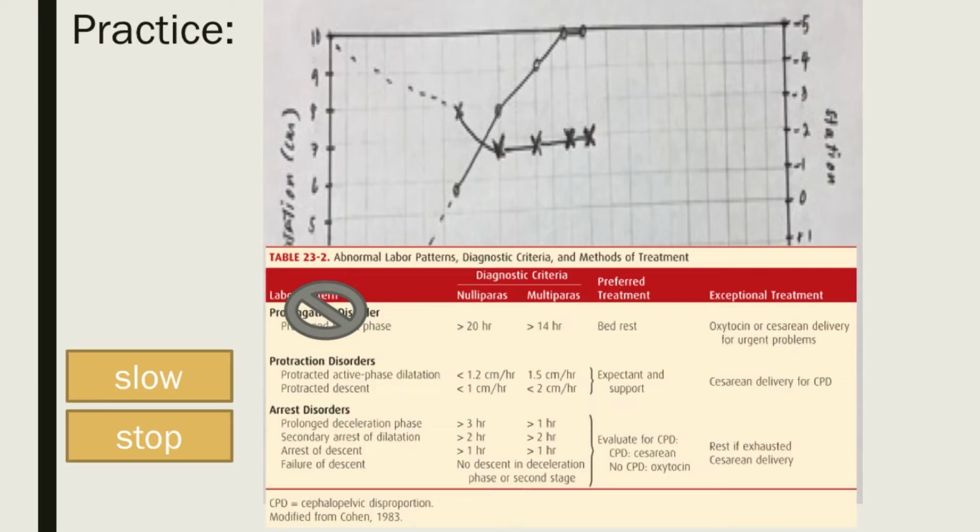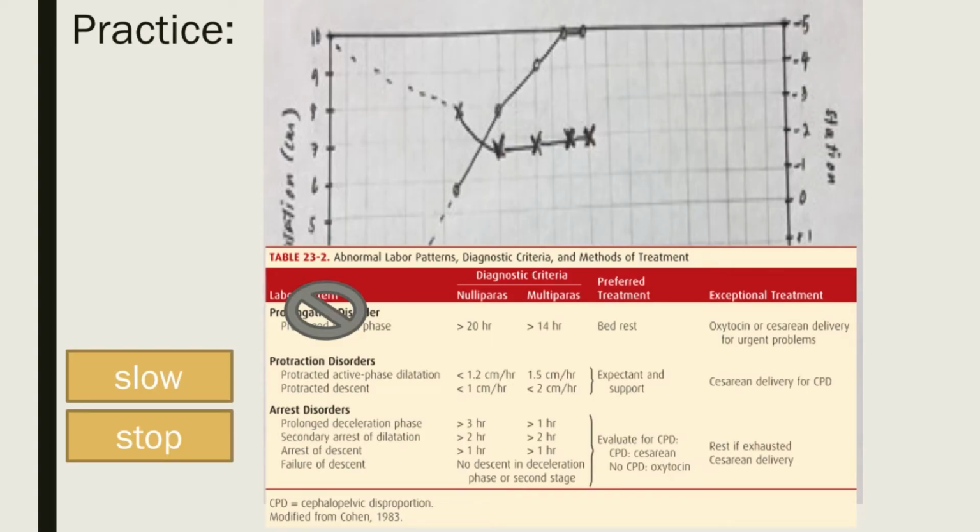If you see that the labor curve that you are plotting is tending more towards the right of that normal curve, then you will notice that the labor is abnormally slow. That could mean that there is some protraction disorder involved.